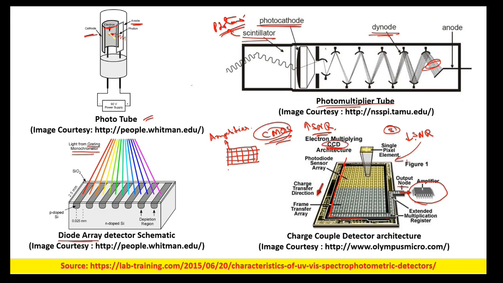So for all of these processes, for all of these sensors, even the smallest sensors or the arrays of the sensor, you have only one amplifier, and hence the analysis of the CCD architecture.